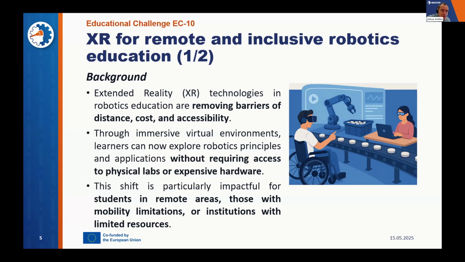The content is to show how XR and its strengths can allow for those barriers to not be there. And barriers, we're thinking in terms of distance, or not being able to get to a robotics lab, or a robotics lab that does not have much equipment. That's a barrier for learning robotics.